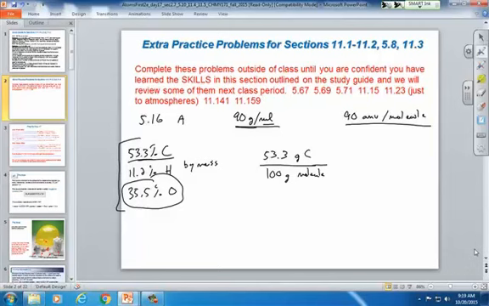So that's a relationship. A percent, if it's given to you, is always a relationship. A percentage is the amount of a part of a substance divided by the total amount. So if it's a mass percent, that means I've got 53.3 grams of this substance per every 100 total grams of the molecule. And this is also a relationship.